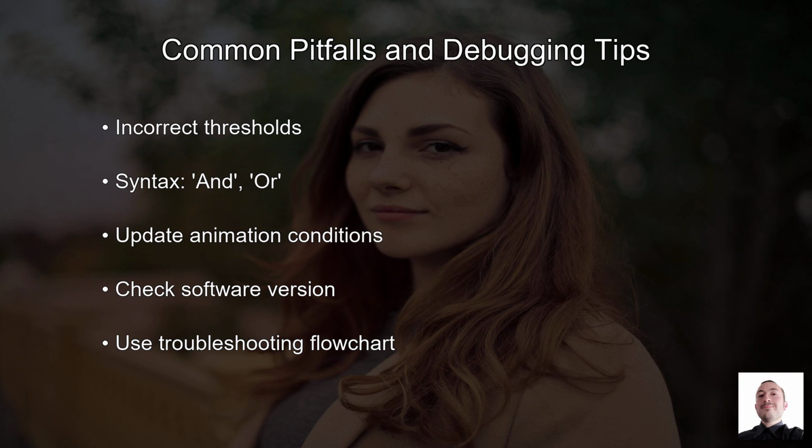A common mistake is forgetting to update the animation conditions after modifying the logic. Also, be aware of version limitations. If a feature isn't working, it might be due to your software version. Lastly, use the troubleshooting flowchart I've provided to systematically identify and resolve issues. This will save you time and frustration.